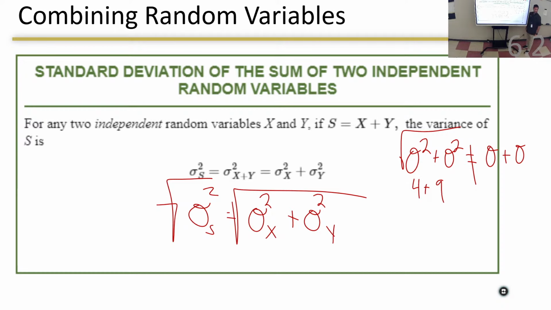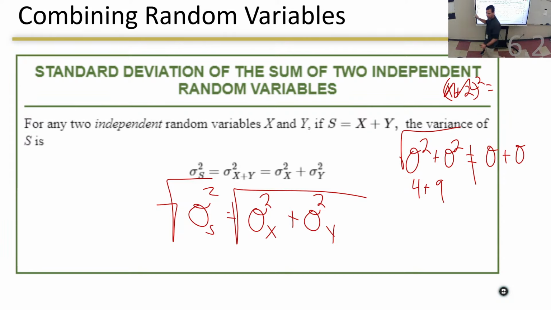And 4 plus 9 is 13, so the square root of 13. And 2 plus 3 is 5, and that's nowhere close to the square root of 13. It goes back to the old idea that (x plus 2) squared is not x squared plus 4. You've got the outer and inner terms. Squaring things makes things different. We're squaring first, then adding, just to make sure mathematically you understand that.